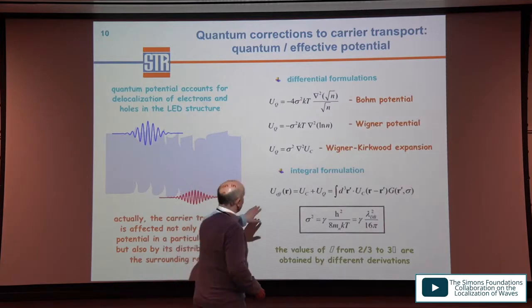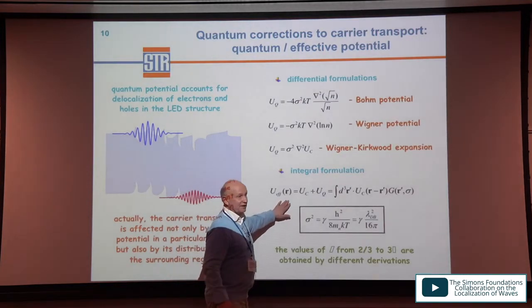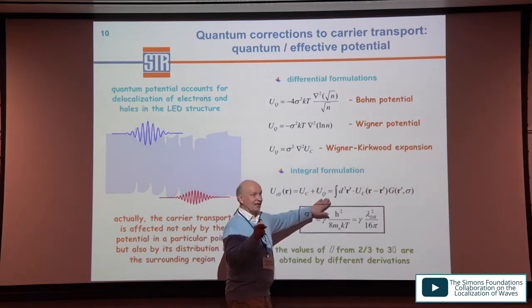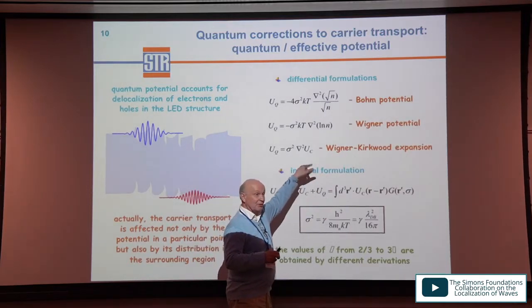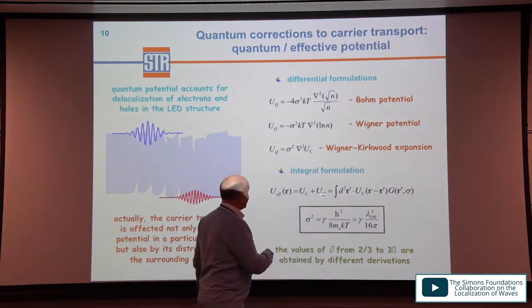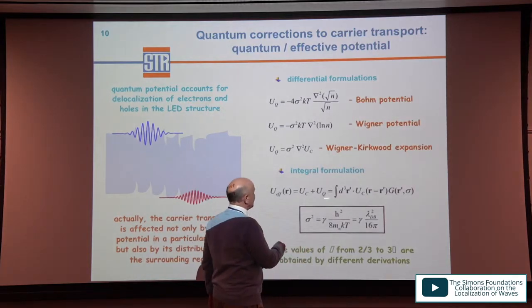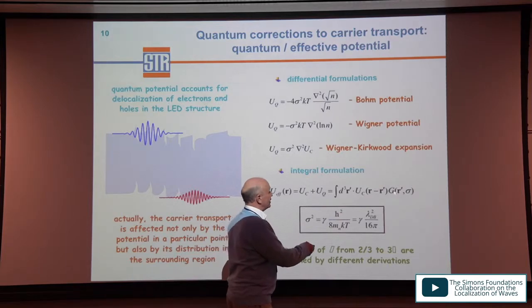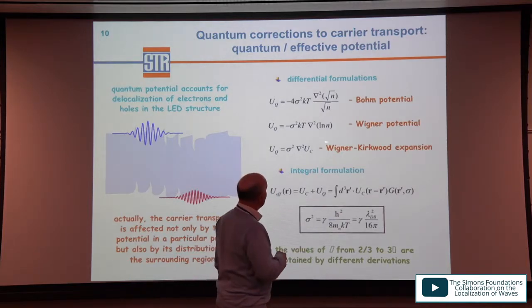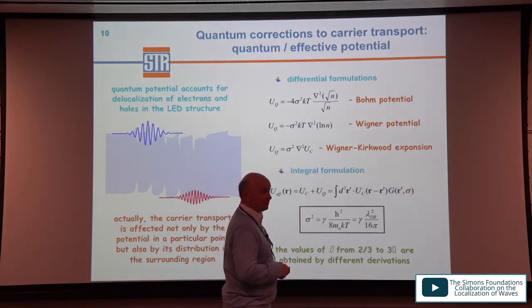Actually, when we speak about the effective potential, it doesn't distinguish the initial potential and quantum potential of such a kind. It operates with the sum of this potential. And actually, it is the convolution of the... I'm confused between differential formulation and integral formulation. You are basically integrating the last line here.